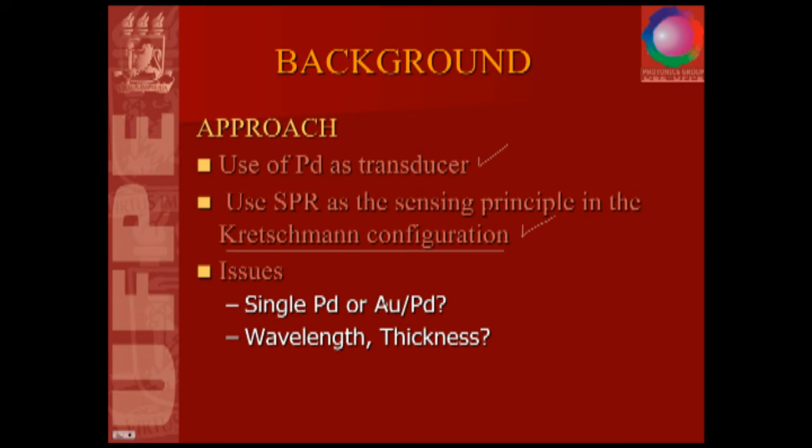For instance, we know that gold has a very good resonance, and palladium doesn't have a resonance, as we are going to see in the next slide. And we thought that adding a gold underlayer would probably improve sensitivity. So that was one important question. And also, what's the most adequate wavelength and thickness of the structure?